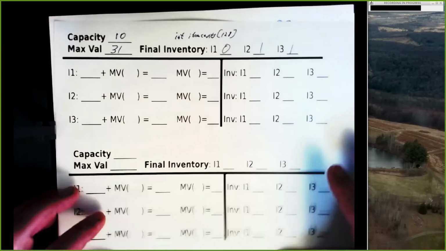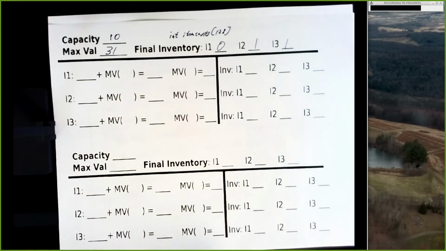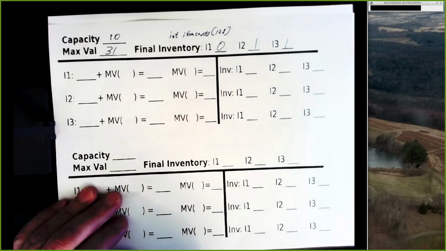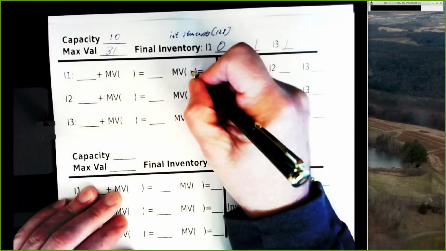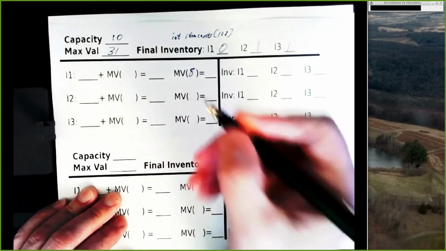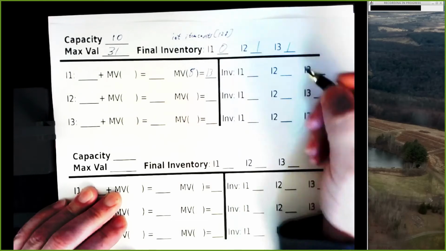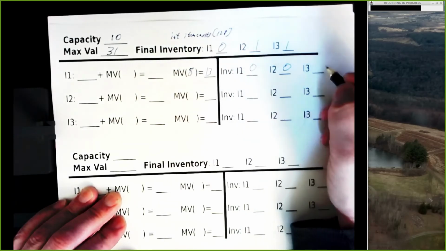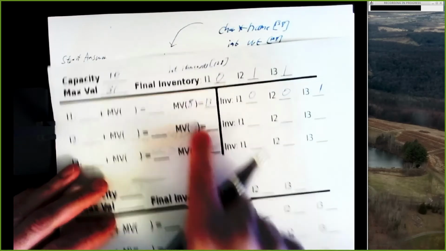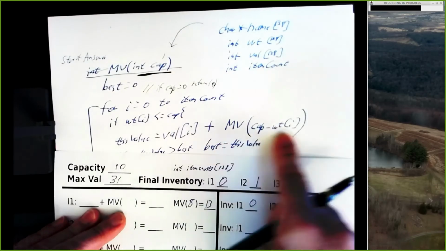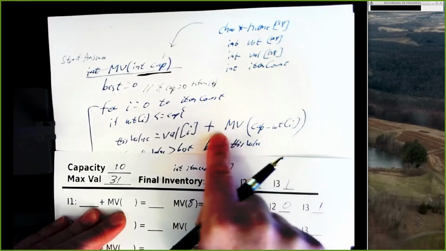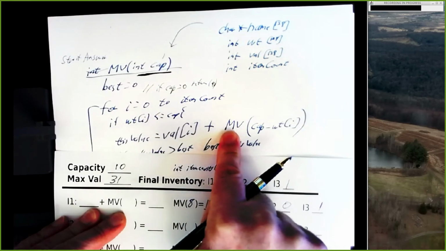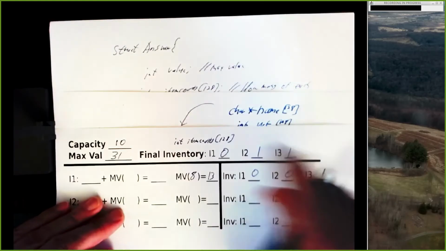Well, when we were doing this worksheet, we needed to calculate MaxVal of 8. And maybe MaxVal of 8 turned out to be 13, and the inventory that gave us that answer was this. So to calculate MaxVal of 8, we make this recursive call to MaxVal of 8 and save the return value. That's a struct answer. Struct answer has a field called value.